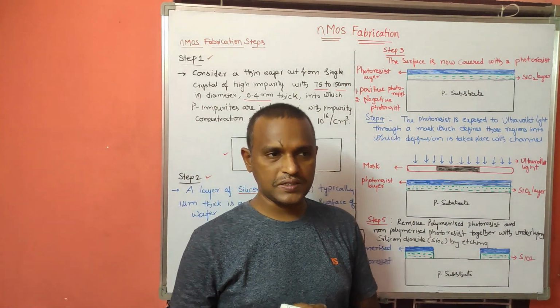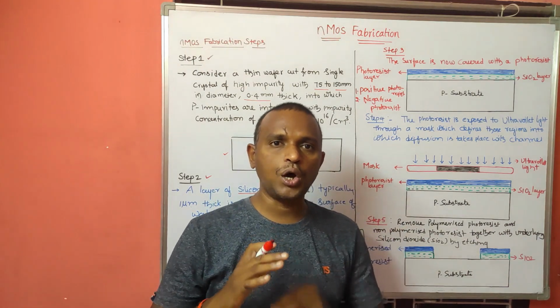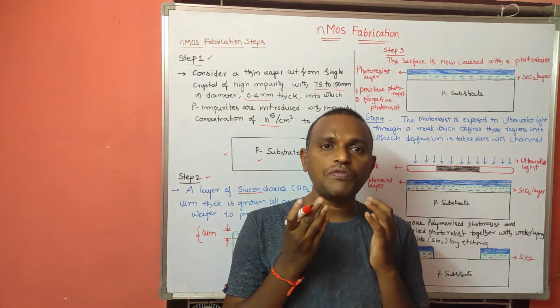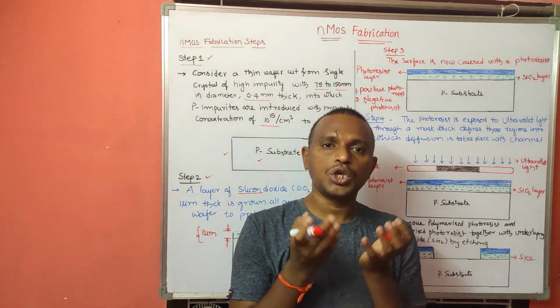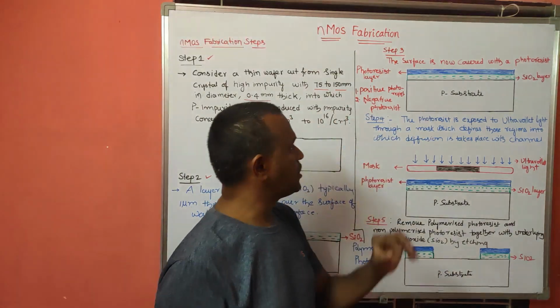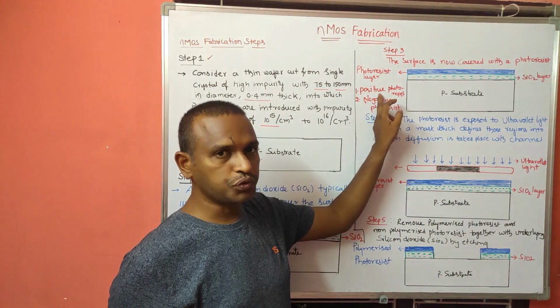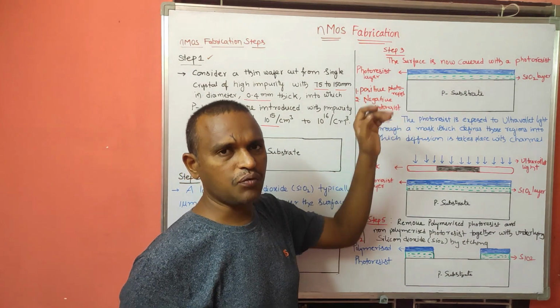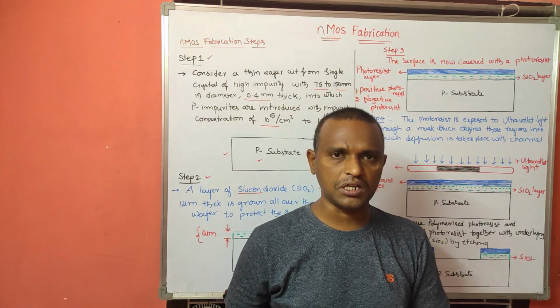Positive resist and negative resist differ in how the photoresist behaves when you expose it to the UV light. Depending on that, we have divided photoresist into positive photoresist and negative photoresist. Then what is a positive photoresist?